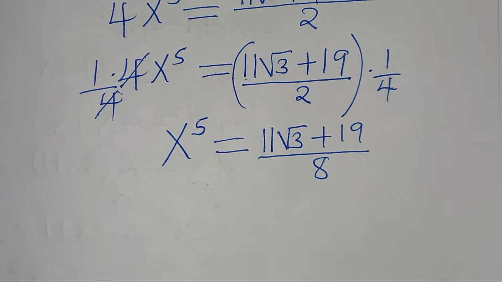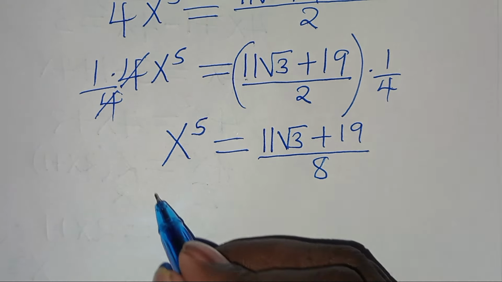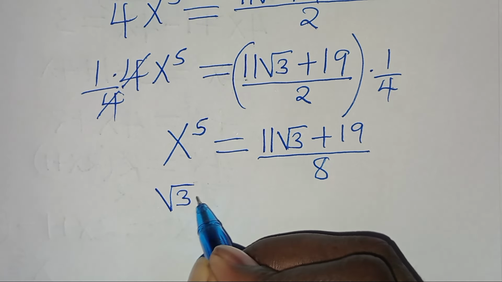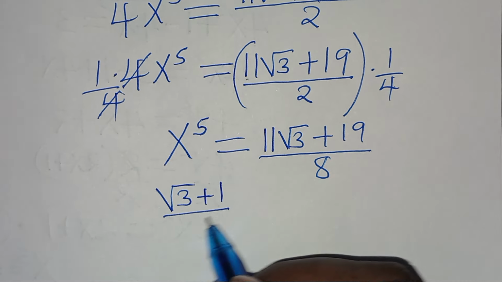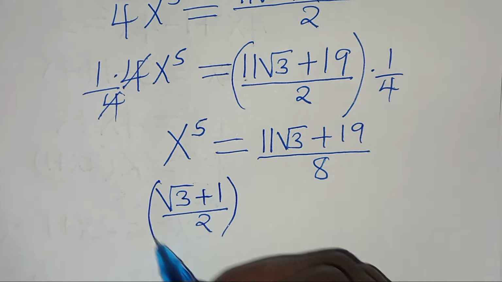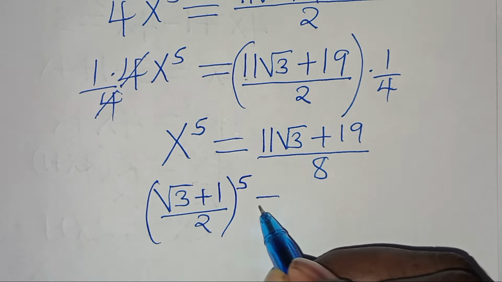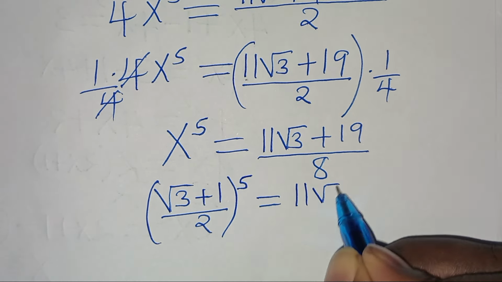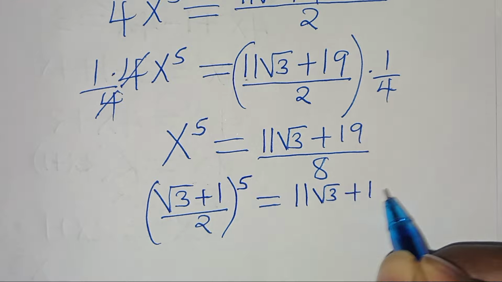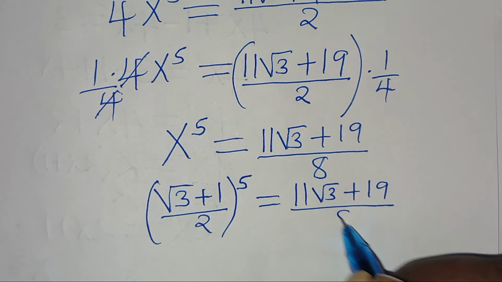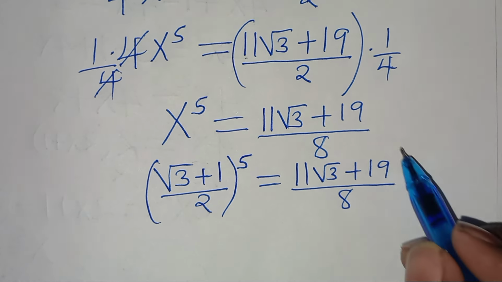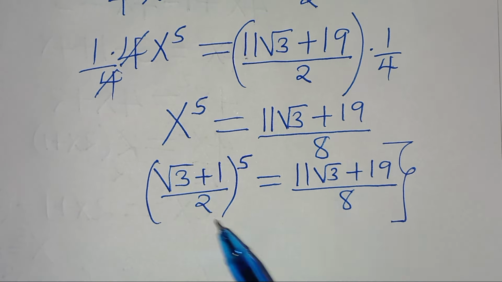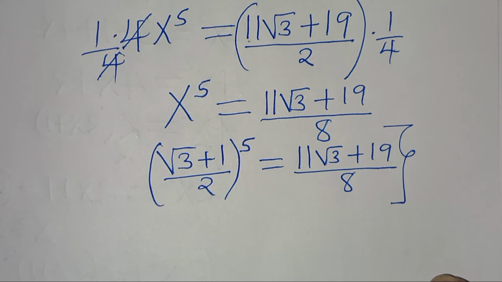Now, we have that x. Let's substitute x here with root 3 plus 1 divided by 2 raised to the power of 5. This is equal to 11 root 3 plus 19 divided by 8. So this is the solution. This is the solution to this algebra problem.